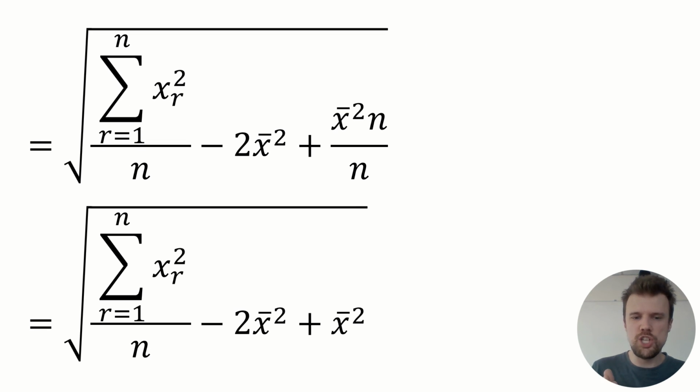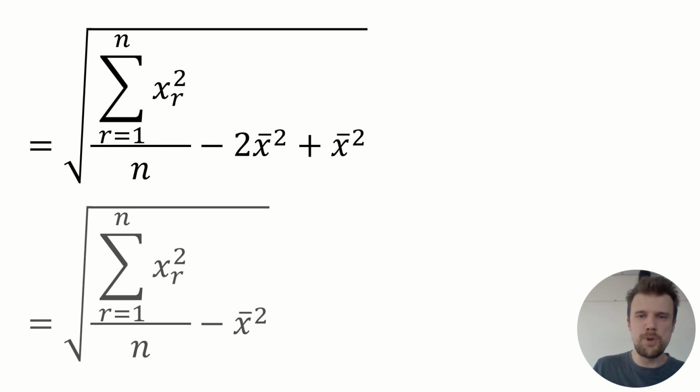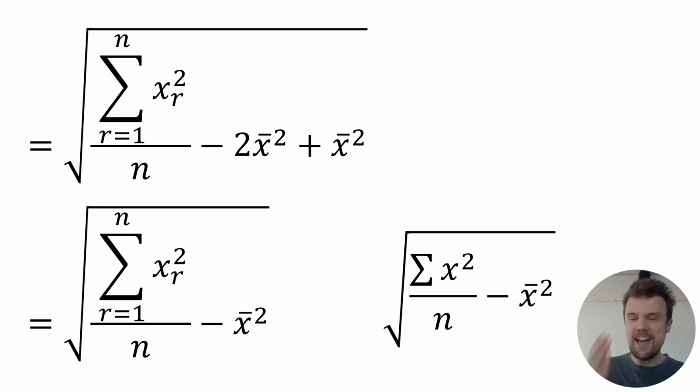And that's really good news because we now have minus 2x bar squared plus x bar squared, which is just minus x bar squared. Therefore meaning, oh my goodness, that is just the other formula for standard deviation.